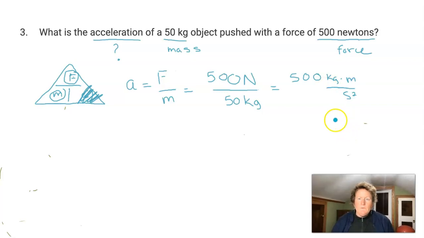So when we take newtons and divide by 50 kilograms, the kilograms cancel, and we are left with meters per second squared as our resulting unit, which is good because that's the unit for acceleration, so we know we've set up our problem correctly. Now you just need to do the math: 500 divided by 50, you can do that on your calculator.